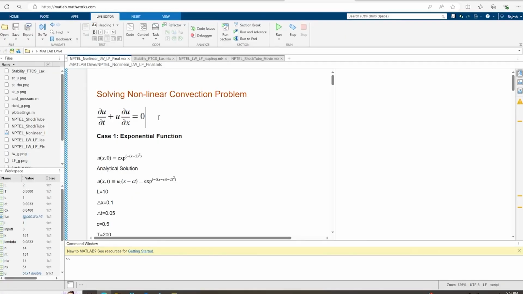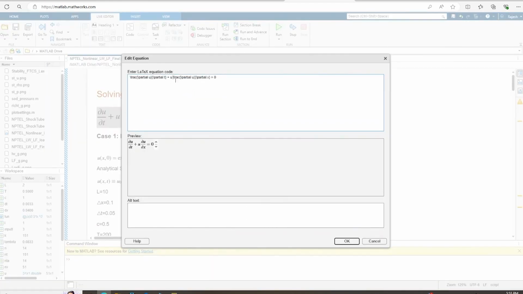Here you can see that instead of c du by dx, we have del u by del t plus u del u by del x. If you want to solve it, the better way to do it is to change it to del u by del t plus del f by del x.